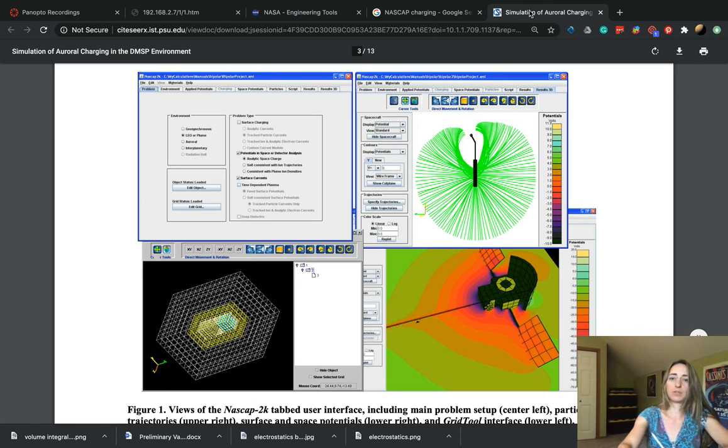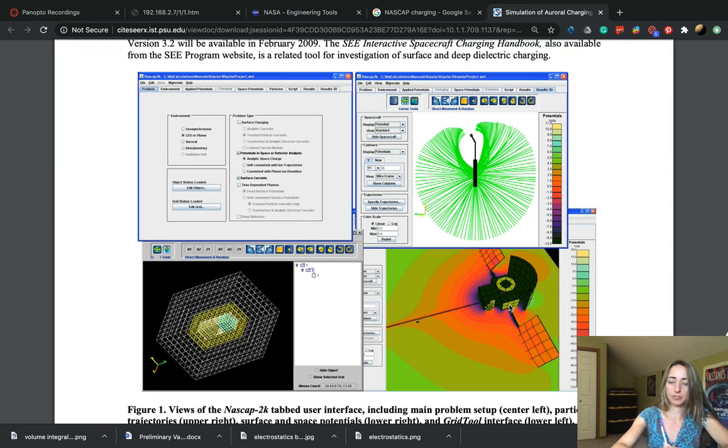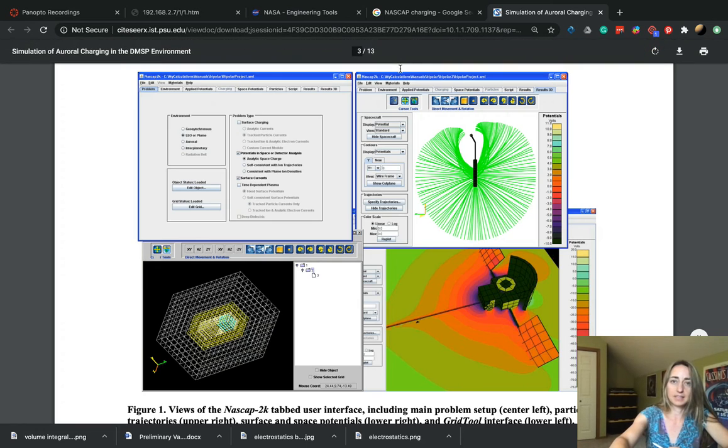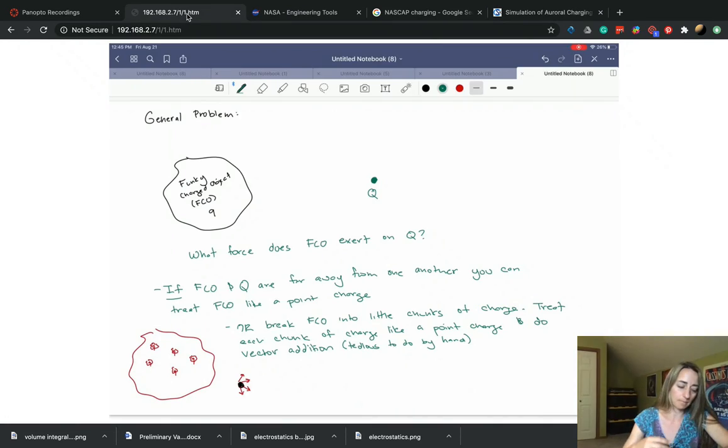If you have a computer, you can take something like a spacecraft and break it into a grid of little pieces, assign some properties to that grid which will determine the charge that it acquires, and then you can just do this vector addition, or the computer really does it, everywhere in space in order to figure out the electric field. Computers can do this pretty quickly. By hand, not so easy. It's doable, just tedious. It would take a lot of work.